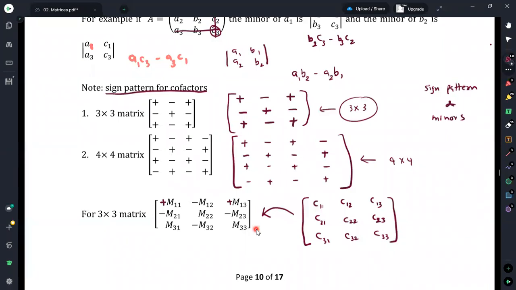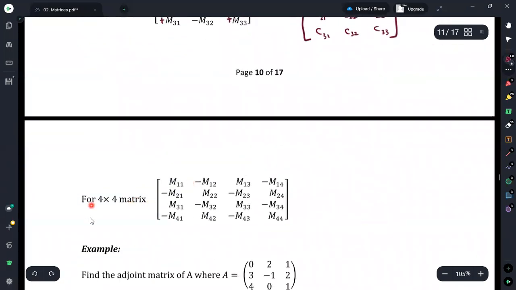Then minus times M21, plus times M22, minus times M23. In a similar way, the third row for the 3 by 3 matrix is obtained. And in this note, it is given for the cofactors for a 4 by 4 matrix, but I am not going to discuss obtaining cofactors for 4 by 4 matrices in this session.